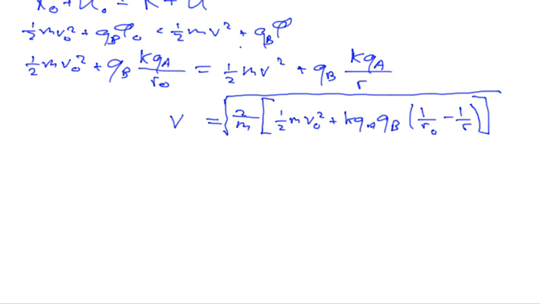Alright, so I subtracted this from both sides, factored out the kQ over A, and I have this term minus that term, that's 1 over R0 minus 1 over R.